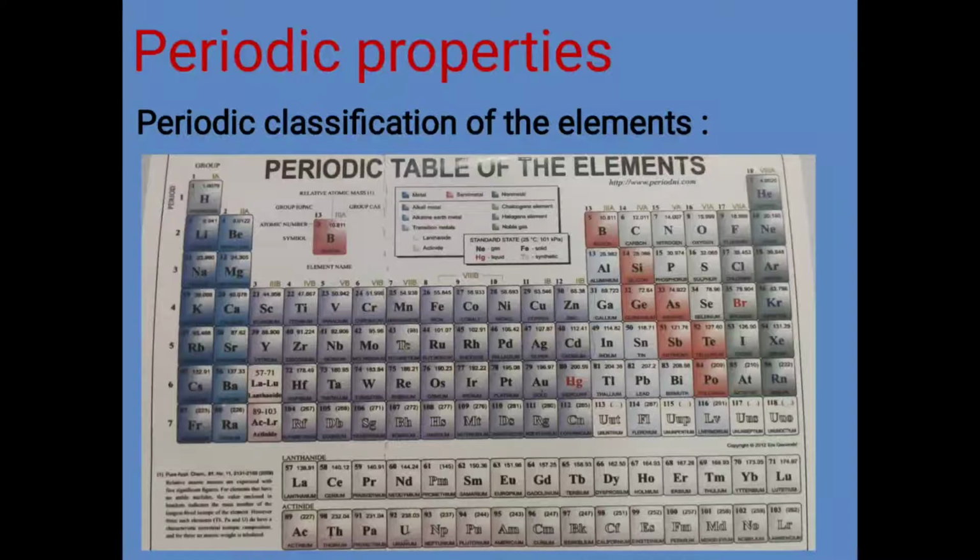Both the fourth as well as the fifth period include 18 elements. The fourth period starts from potassium and ends at krypton. The fifth period starts from rubidium and ends at xenon. The sixth period has 32 elements, from cesium to radon.